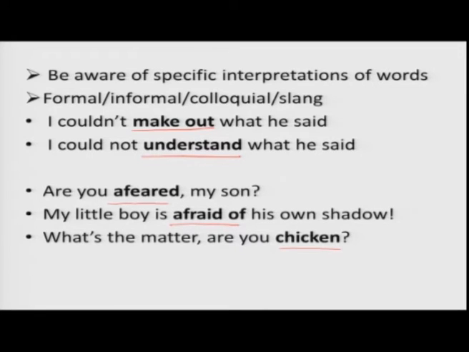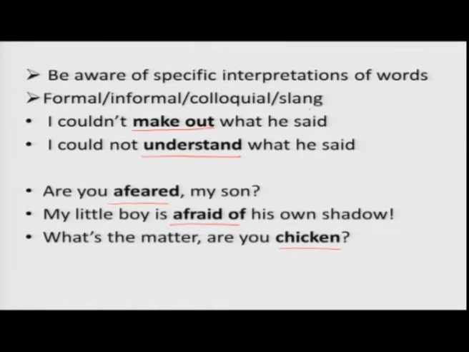First one is very formal, probably you hear it in a religious sermon. Second is a more common word, and third is very colloquial, very slangish, probably you hear it in peer groups. So, these contexts can vary, and therefore, you have to choose your words carefully.